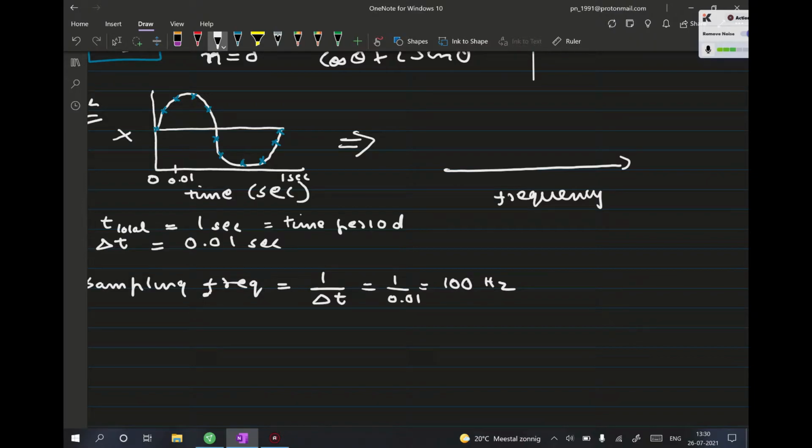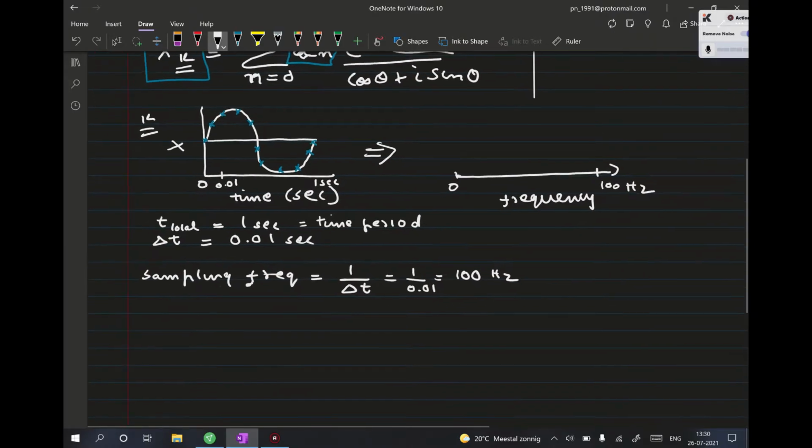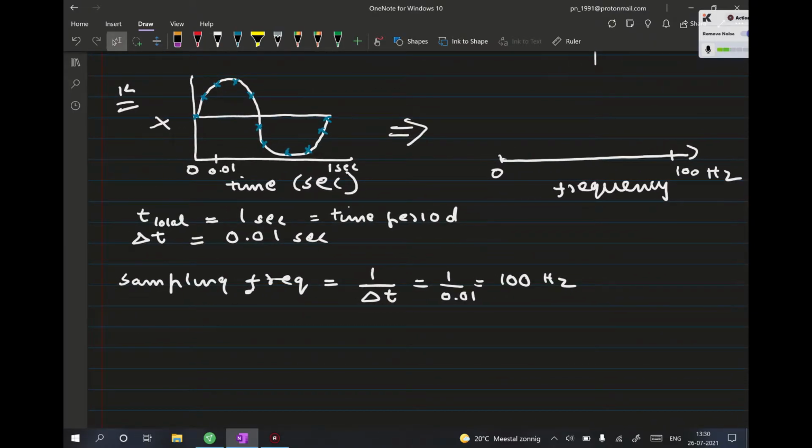So the sampling frequency would determine the max value of the scale. So if you are interested in 1000 Hertz, you need to sample the data at 0.001 second.